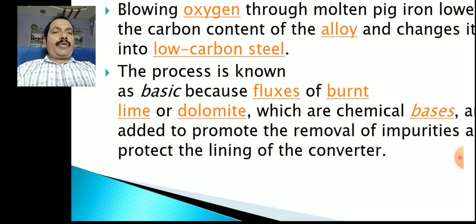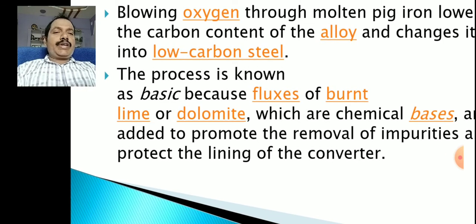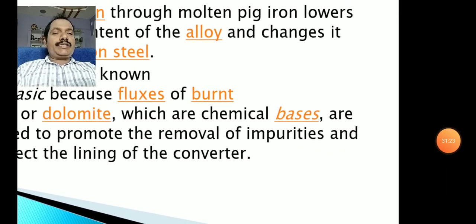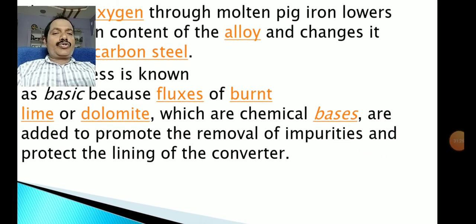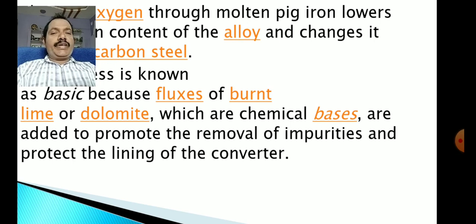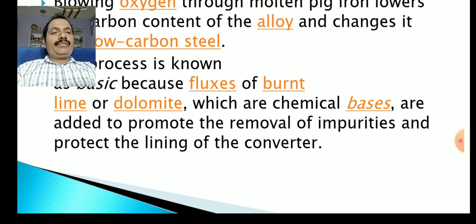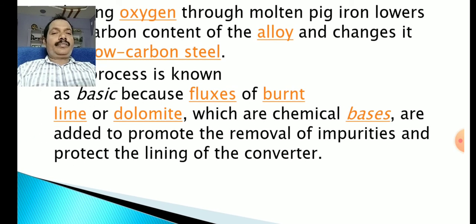So the process is known as basic because fluxes of burnt lime or dolomite, which are chemical bases, are added to promote the removal of impurities and protect the lining of the converter. So this is a very important point you have to remember.